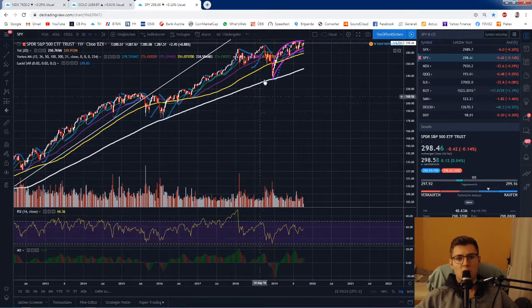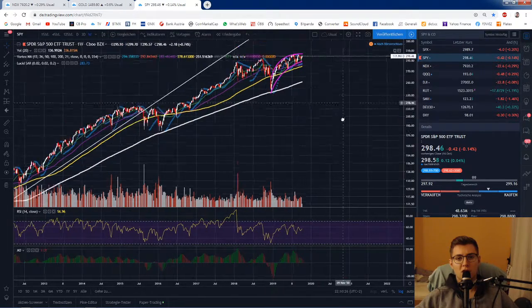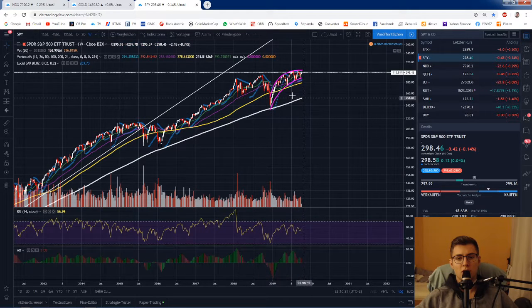So now we have a cooling of price action with a slowing down of momentum. Also, the trading range is tightening by the day, and you can see quite nicely this sort of curving price action coming into play.